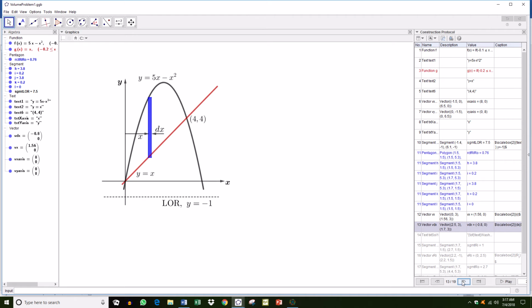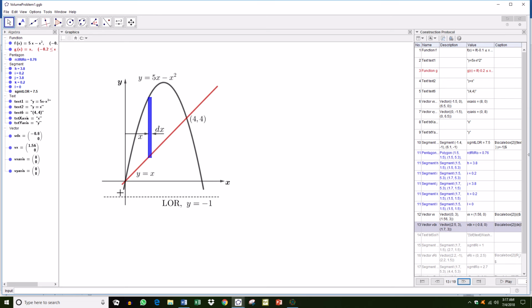Then you have to decide which method we are going to use, the disk washer method or the shell method. One of the very last things I said in the previous slide is, if the rectangle's orientation with respect to the line of revolution is perpendicular like here, automatically you're going to use the disk washer system, right?